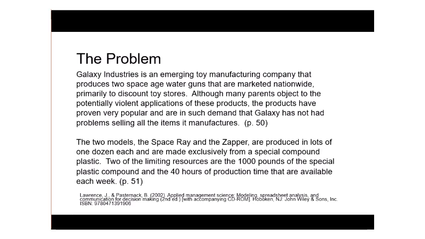Now, 2 models, Space Ray and the Zapper, are produced in lots of 1 dozen each and are made exclusively from a special compound plastic. 2 of the limiting resources are the 1,000 pounds of the special plastic compound and the 40 hours of production time that are available each week.